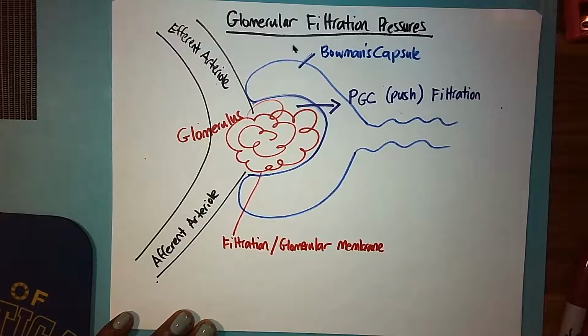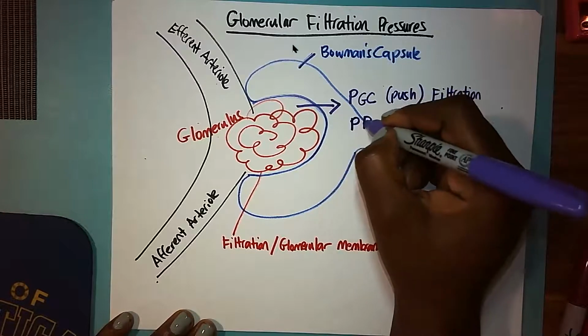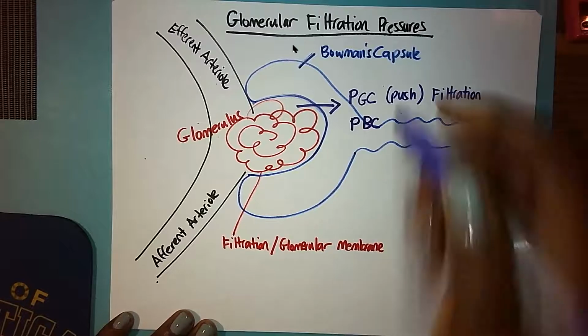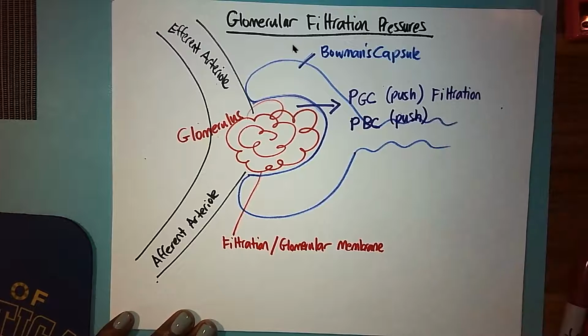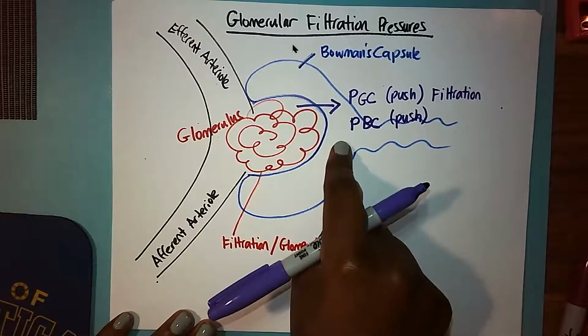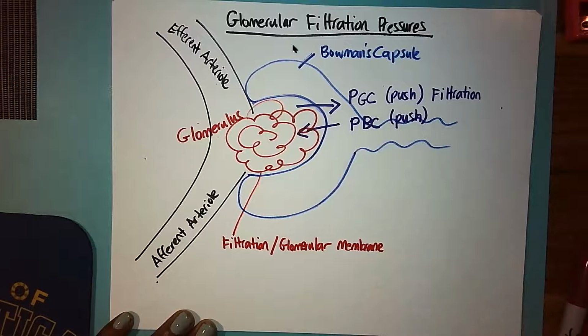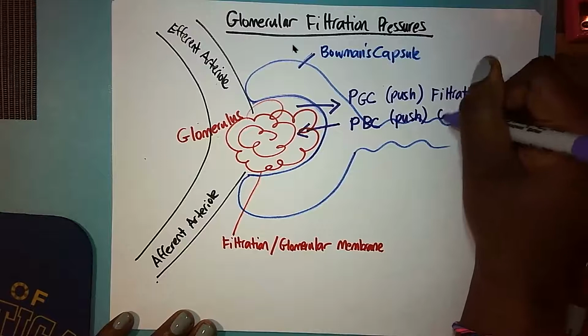Then we talked about the Bowman's capsule hydrostatic pressure. So that's also going to be a large P. Bowman's capsule hydrostatic pressure. This is also a push. But because this is a push from the Bowman's capsule back into the glomerulus, so in this direction, this is favoring reabsorption, or this is opposing filtration.